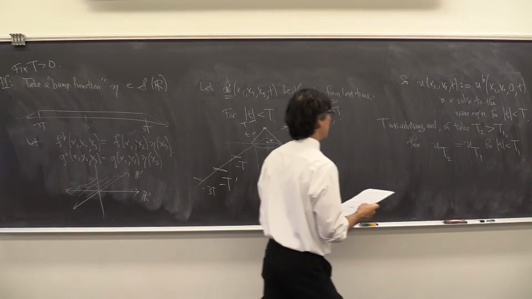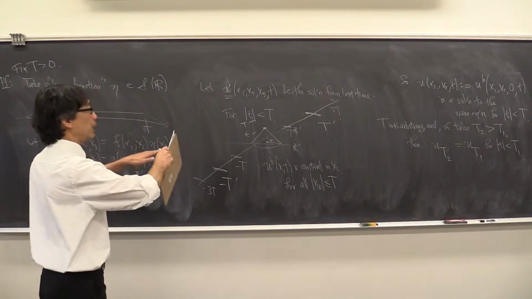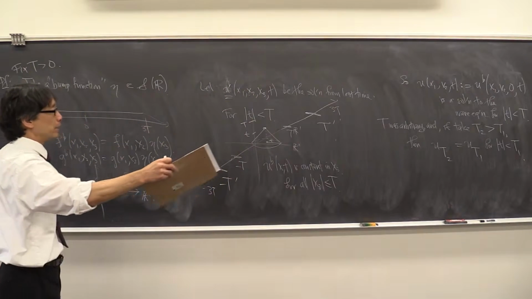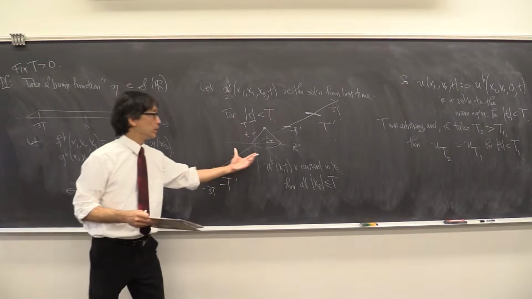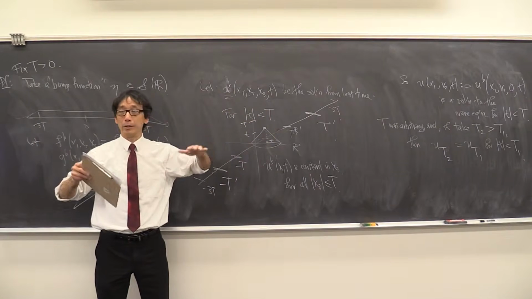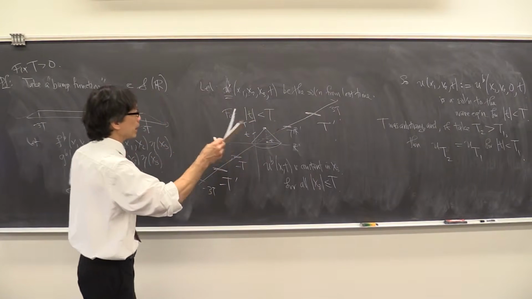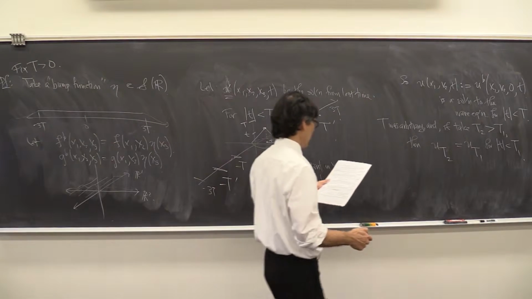Okay, so that means that as we take larger and larger T's, the solutions are going to agree with the smaller T's. So we're just expanding our solution as we let T go to infinity, and we get a solution over all time.